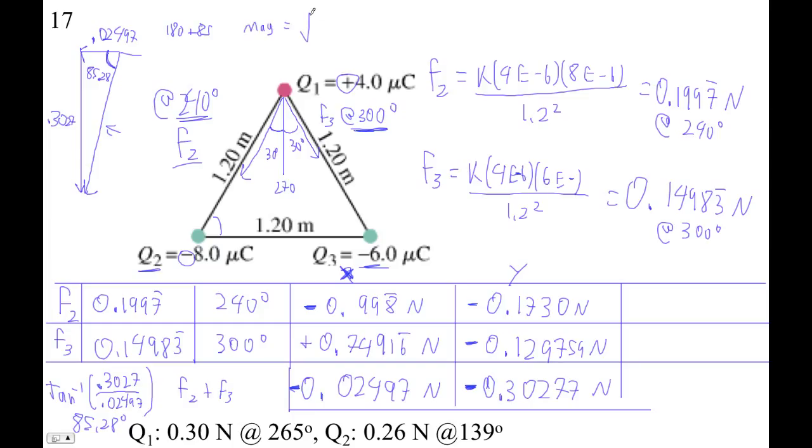And then the magnitude here is going to be the square root of these guys squared, right? So 0.02497 squared plus 0.30277 squared. In my calculator, that's the square root of left parenthesis alpha m squared plus alpha n squared.